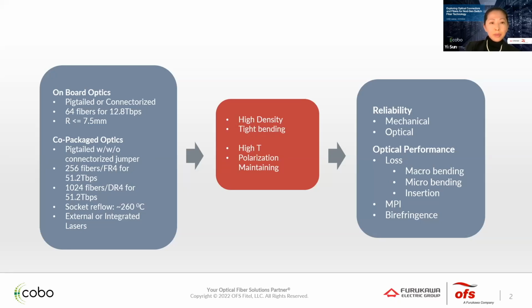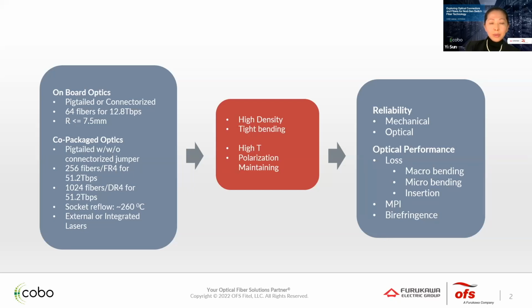For example, a 7.5 millimeter radius at the exit for onboard optics modules. And besides high density and tight bending, the fiber coupled to the CPO OE chip can experience elevated temperatures up to 260 degrees during the socket reflow process.